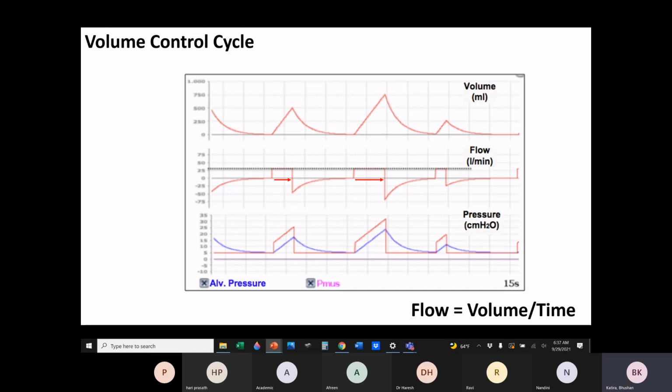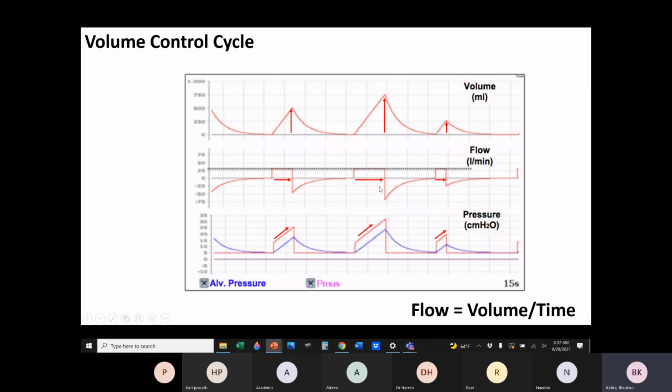This will increase the I time. And when you decrease the tidal volume with the same flow, less I time is required. You see this? However, the slope of the resistive pressure, which is during peak flow, does not change in this condition. This is because the flow has not changed. The peak flow has not changed.